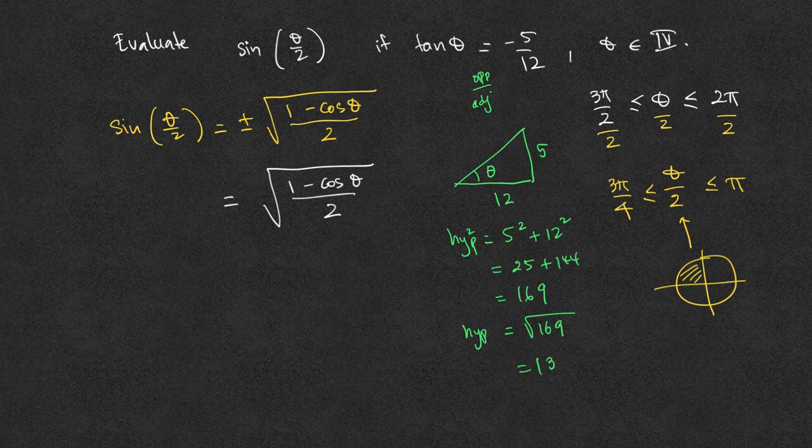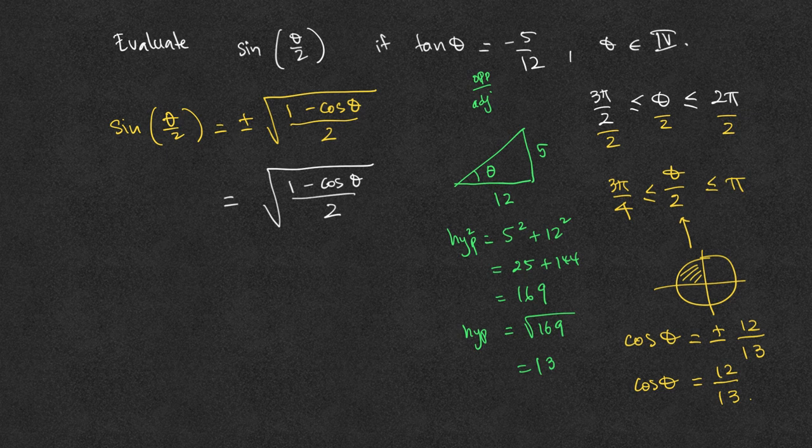From this right triangle, we see that cosine of theta is plus or minus, for now, adjacent over hypotenuse, but in the fourth quadrant, cosine of theta is positive, so cosine of theta is 12 over 13.